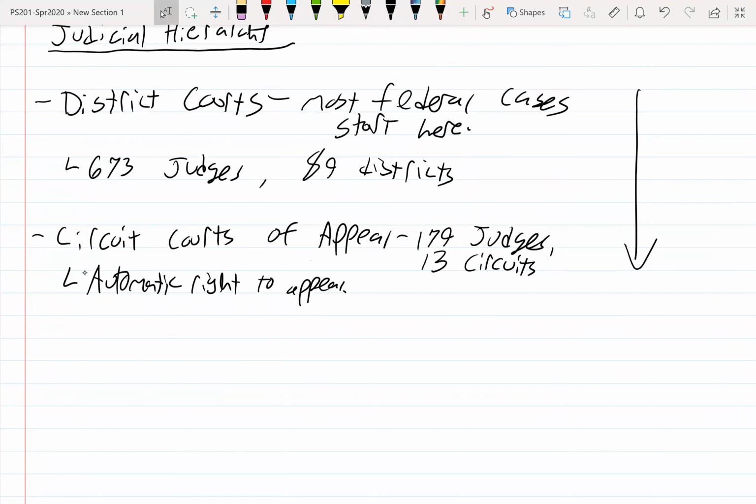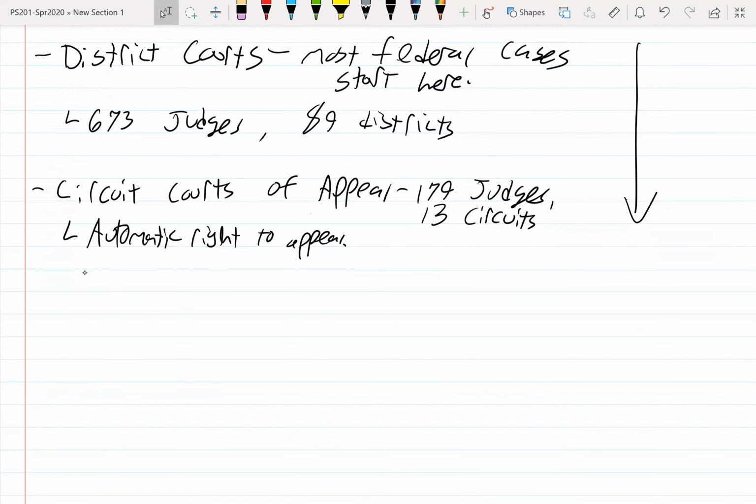The contrast I wanted to draw here is that when we progress from the circuit courts of appeal to the Supreme Court, which, if you were predicting, would be the next level we're going to talk about. The Supreme Court, as the name implies, and we've discussed this, is the most authoritative, the highest legal authority in the land. You can appeal to the Supreme Court if you lose at this level.